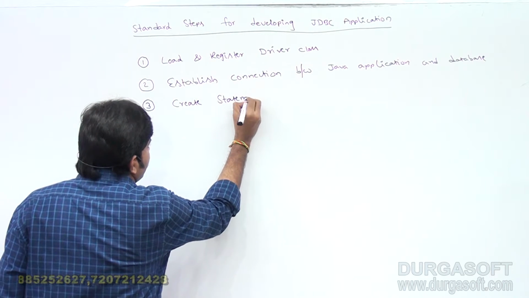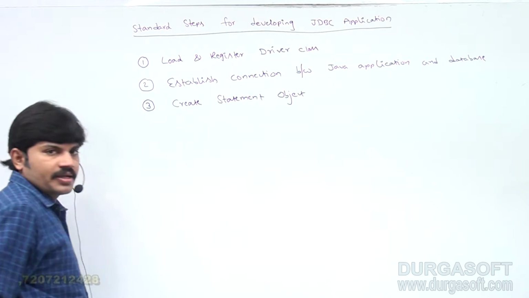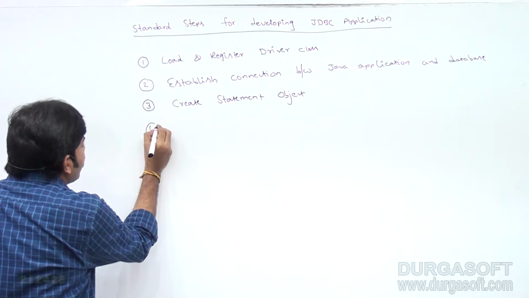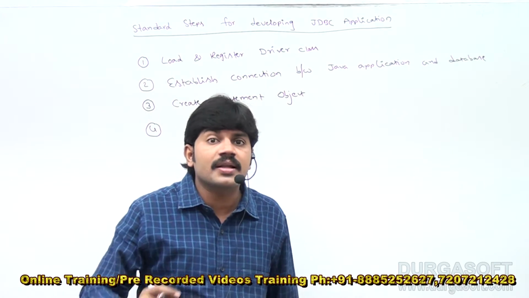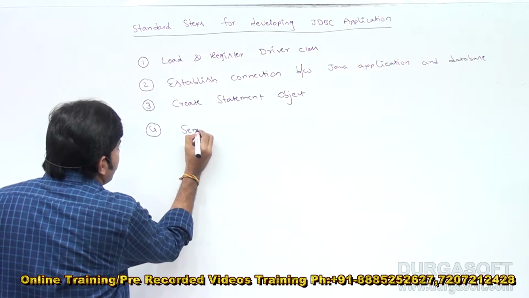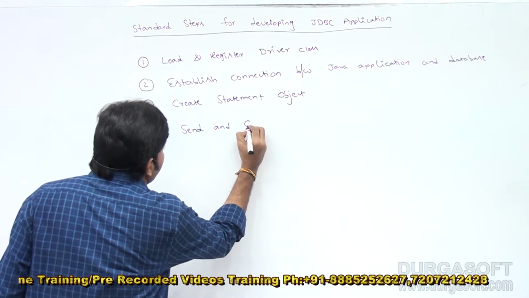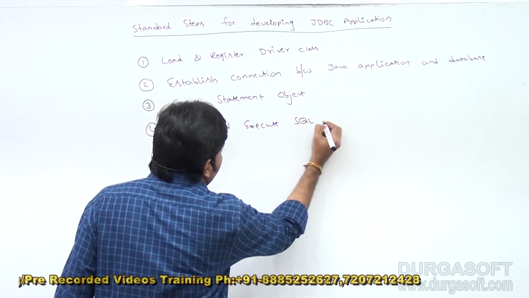What is the third step? Create statement object. Once the statement object is ready, we are in a position to send and execute the SQL query. That's why the next step is: send and execute SQL query.